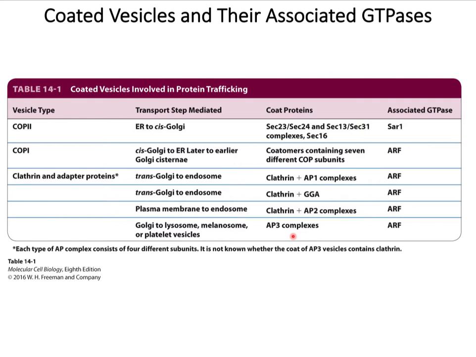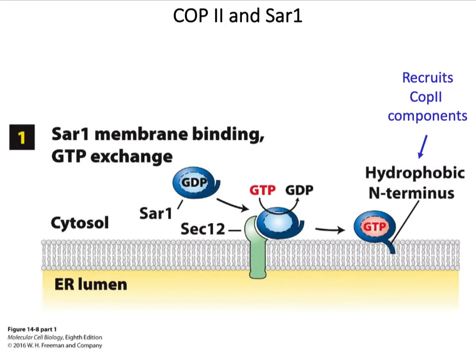I should have mentioned that the functions of COP1 and COP2 are very similar to clathrin. As they assemble, they convey the mechanical force needed to bend the membrane to form the vesicle. So here is SAR1, which is involved in the formation of COP2 coats. SAR1 in the blue is bound to GDP and is inactive.